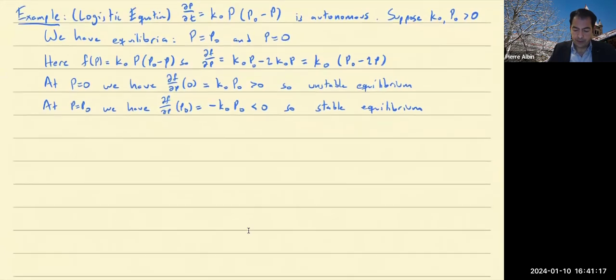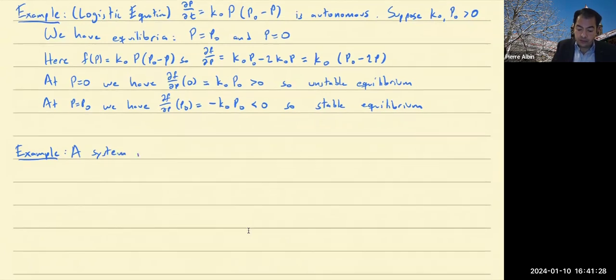Okay, let's do one more example. This is a bistable system. The system is called bistable if it has two stable equilibria.